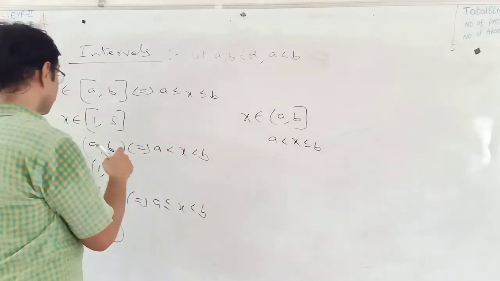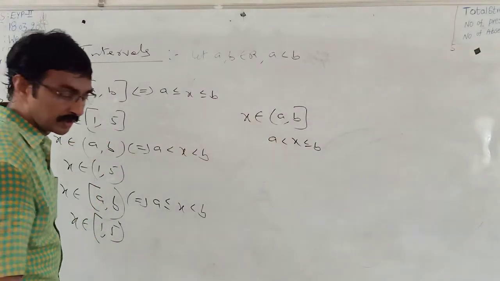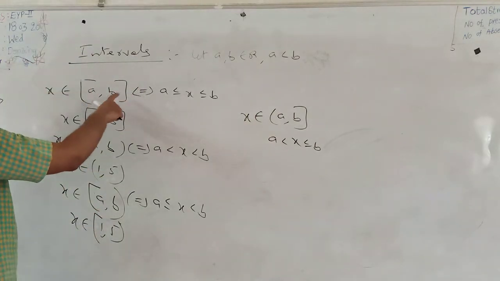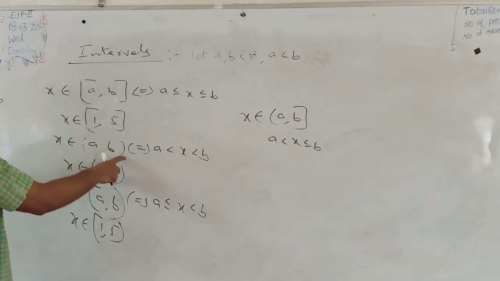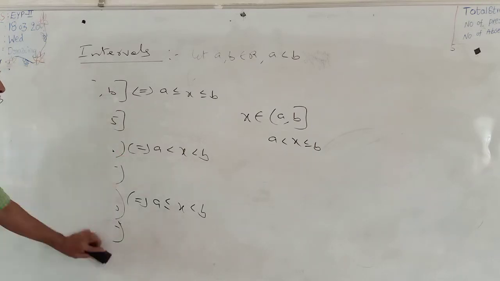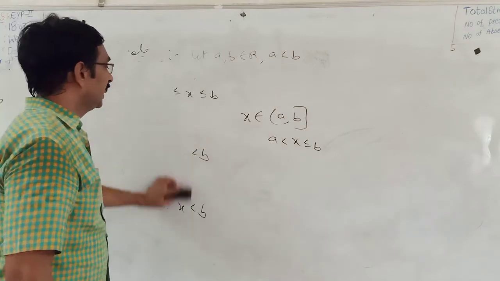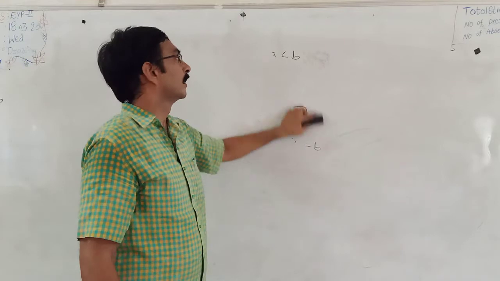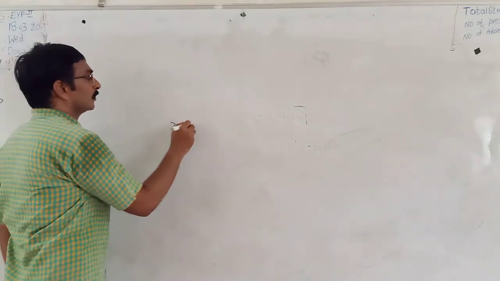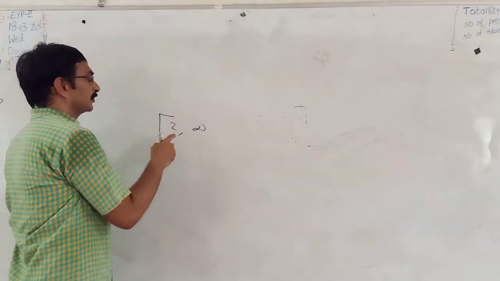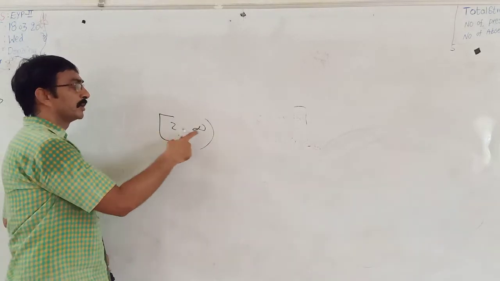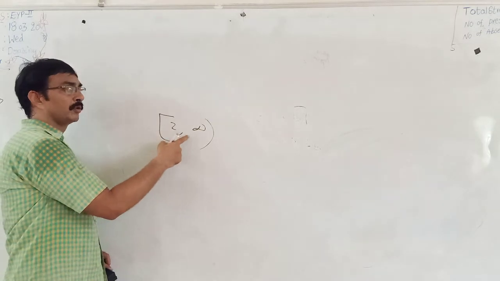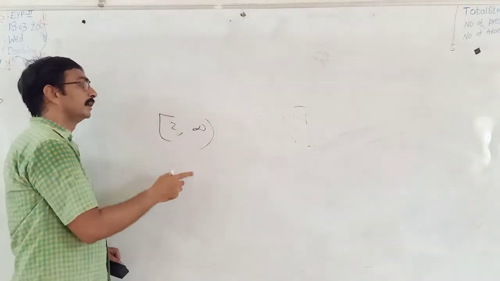So this is just the definition of intervals, closed interval and open interval. This bracket means including that value. This bracket means excluding that value. At the infinity or minus infinity side, we must take an open bracket. See, the left closed, right open interval of 2 comma infinity means the values of x start from 2, 3, 4, 5, 6 and so on up to infinity.